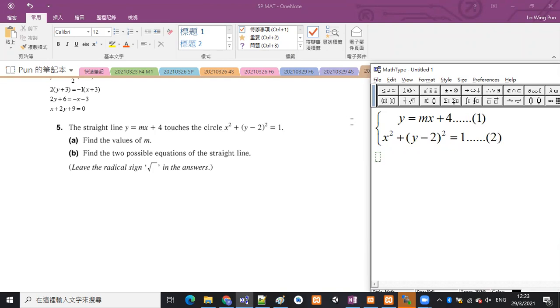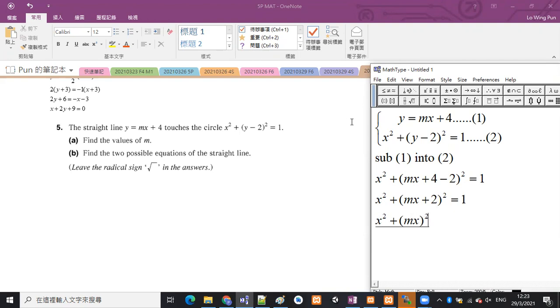Okay, that's good because y is the subject in equation 1. So we can sub 1 into 2. Okay, x squared plus mx plus 4 minus 2 squared equals 1. Don't expand the bracket first because we have plus 4 minus 2, which can be simplified first. So x squared plus mx plus 2 squared equals 1, and then expand the bracket.